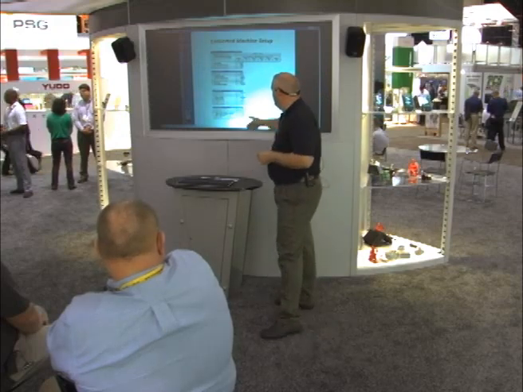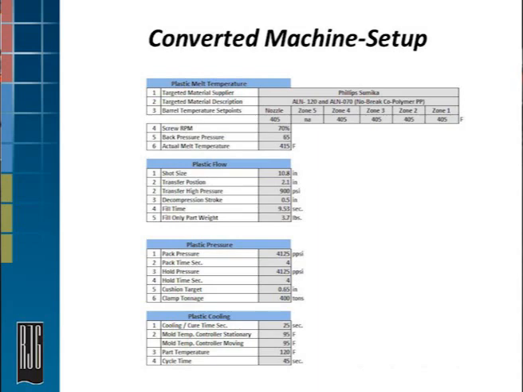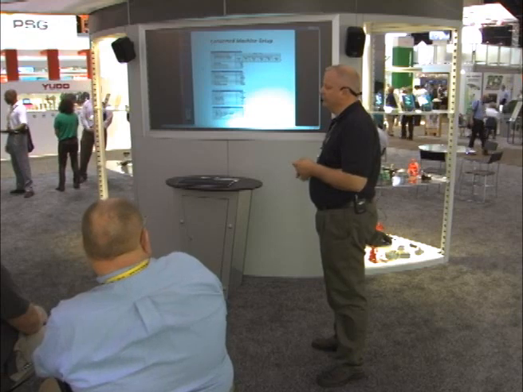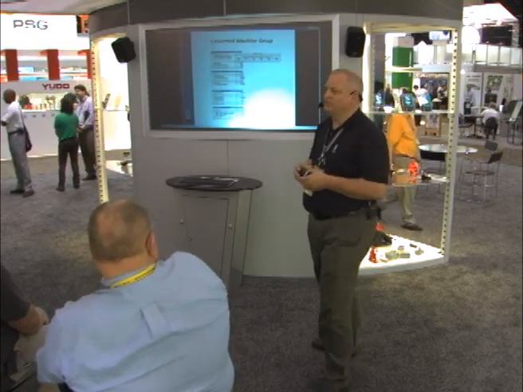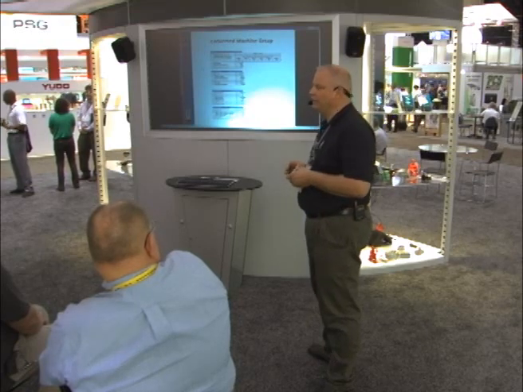Pack pressures, hold pressures, and then of course cooling time, cycle time. So these are all inputs that you can use, and the outputs that go along with those, such as fill time, cycle time, and things. So at this point, what I've done is converted this simulation data or my risk analysis data back to the converted machine setup. Now I'm ready to go to the machine.